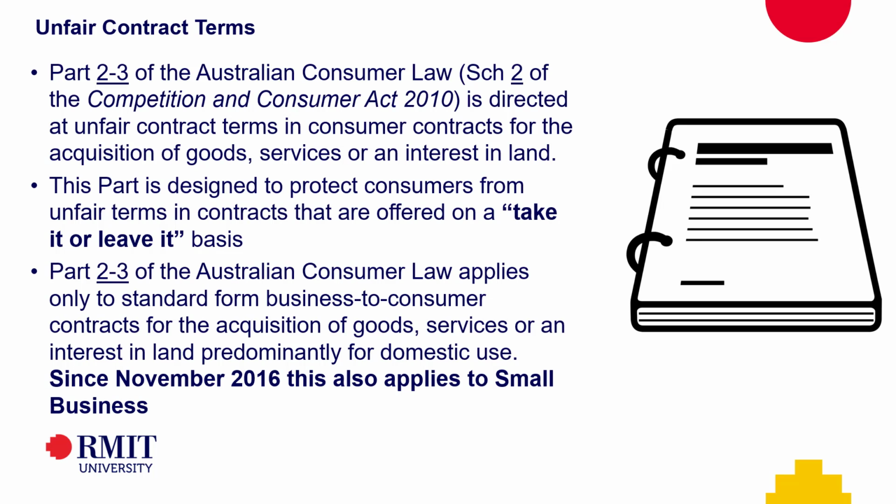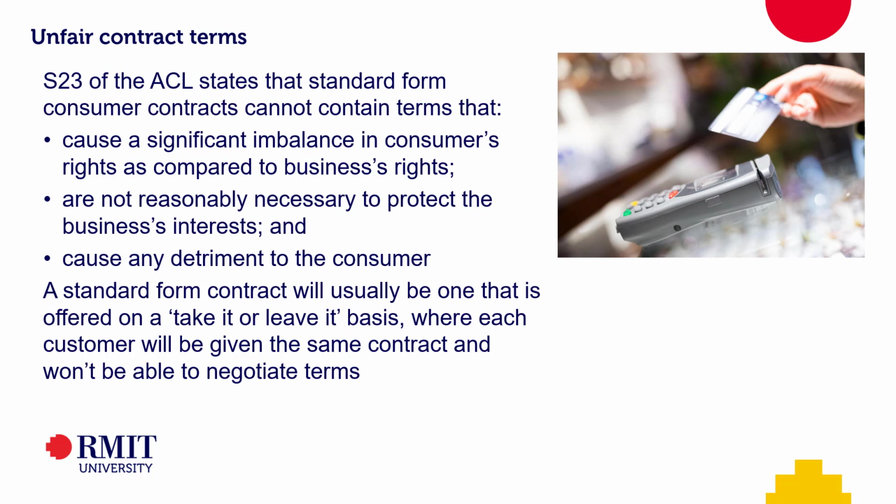So basically these provisions in the ACL apply to standard form business to consumer, B2C, contracts for the acquisition of goods, services or interests in land for domestic use. These provisions came in around 2010 initially, I think, maybe a little bit later than that. And since November 2016, they've also applied to small businesses as well.